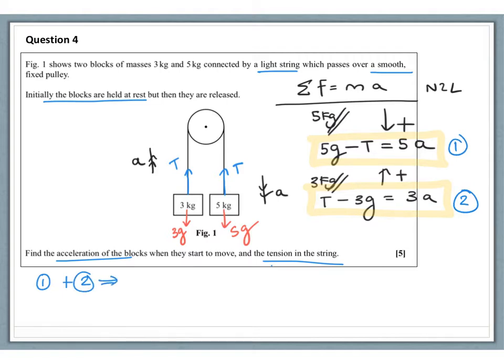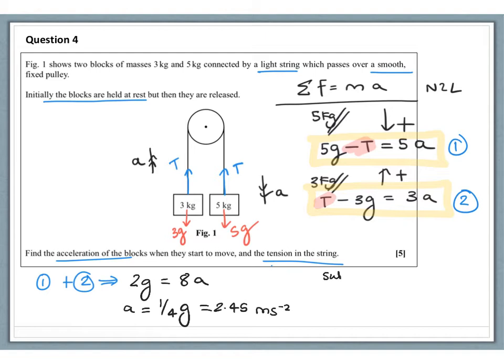This gives us a nice opportunity to cancel out T and negative T, as you can see highlighted in red here. So equation 1 added to equation 2 gives us 2g is equal to 8a. So the acceleration is equal to a quarter of g, which works out to be 2.45 meters per second squared.